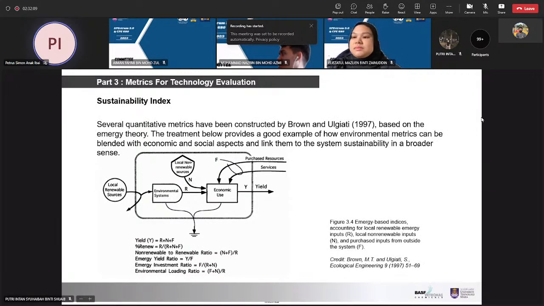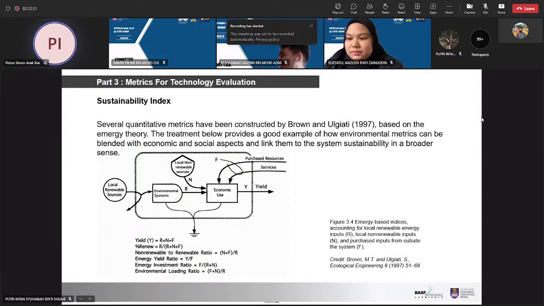Sustainability index. It has been constructed by Brown and Ulgiati, based on emergy theory. This diagram shows the energy flows and transformations within a generic local system, surrounded by the box.